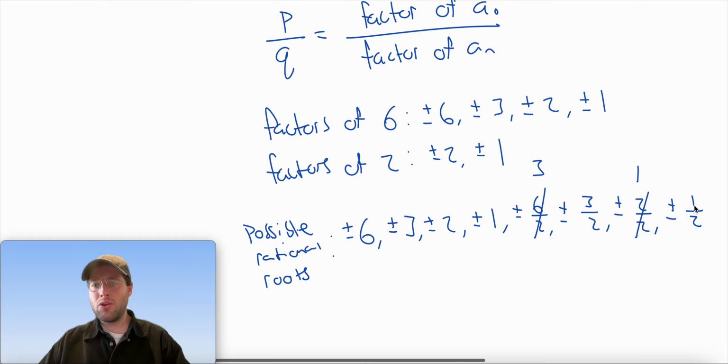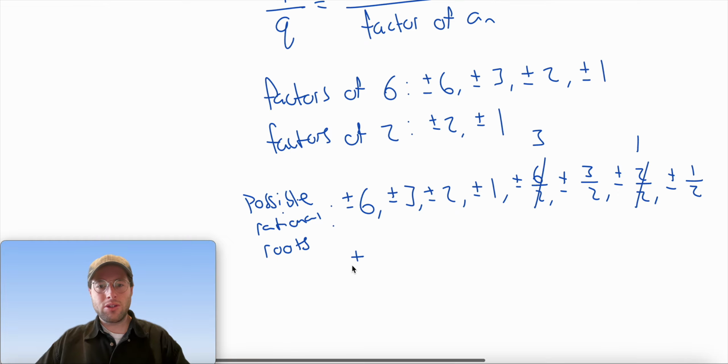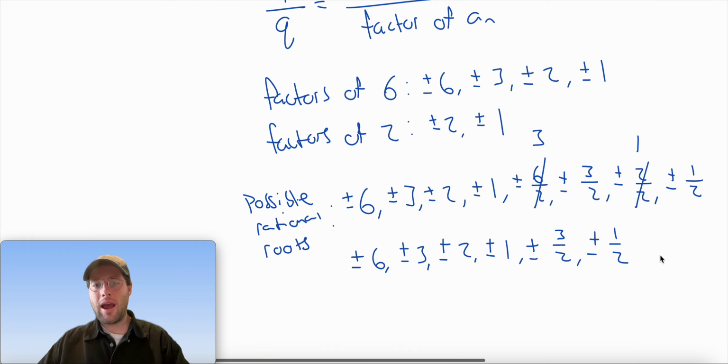Then we get the new ones of 1/2 and 3/2. So our whole list should be plus or minus 6, plus or minus 3, plus or minus 2, plus or minus 1, plus or minus 3/2, and plus or minus 1/2. That is our complete list of possible rational roots.